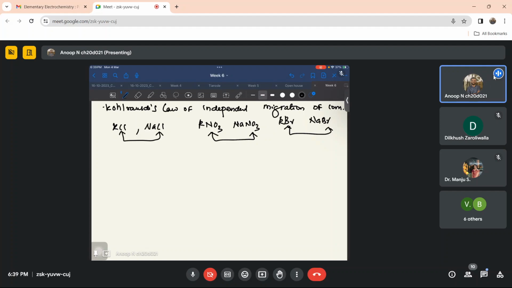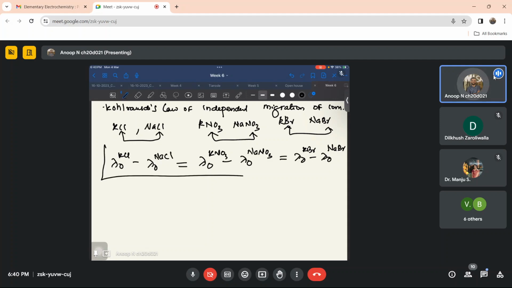So lambda 0 KCl minus lambda 0 NaCl will be equal to lambda 0 KNO3 minus lambda 0 NaNO3, which will be equal to lambda 0 KBr minus lambda 0 NaBr. So if the anions are the same and the cations are changing, the difference between their equivalent conductance at infinite dilution remains the same.